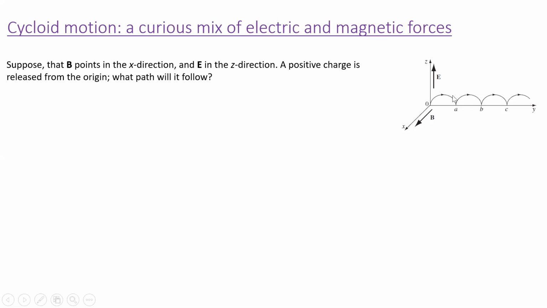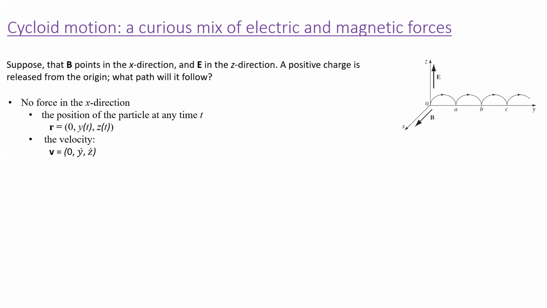And when it comes back around to the other end of the circle, the electric field will act on it to slow it down very strongly. So it'll stop and slow down at this point, and then it will start that motion over again. Okay, so it's called cycloid motion because it looks kind of like a point on the rim of a bicycle wheel might look like. Okay, so this is cycloid motion.